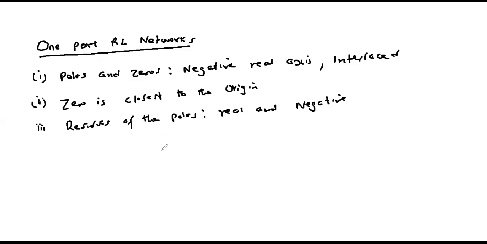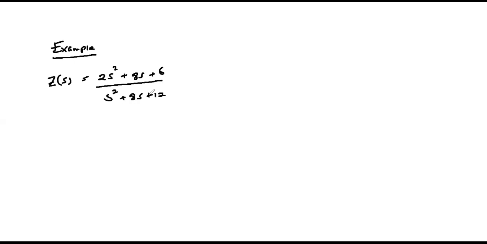Let's take an example and test a transfer function for the properties of RL networks. Suppose you have an impedance transfer function Z(s) given by (2s² + 8s + 6) divided by (s² + 8s + 12).